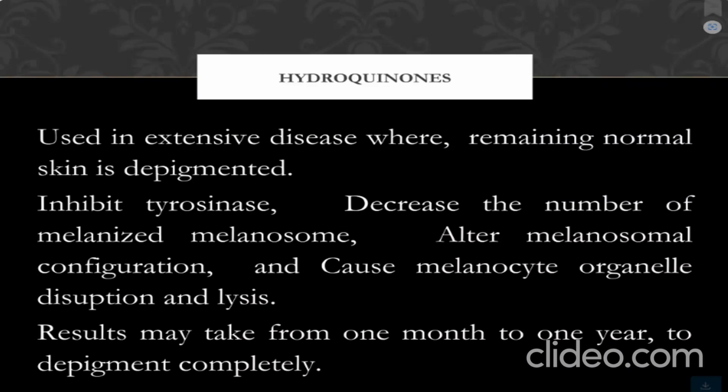A result may take from 1 month to 1 year to depigment completely. Means here, by use of hydroquinones, repigmentation is not occurring. The other skin which is not involved is depigmented.